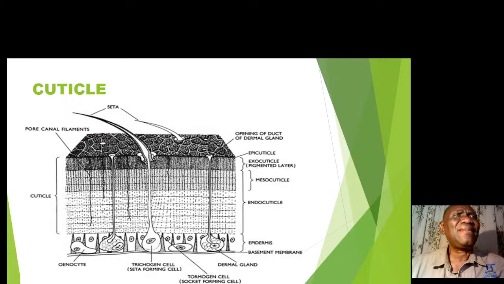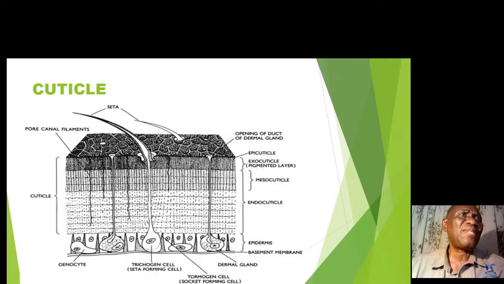But anyway, as long as you note that there is the presence of this cuticle with the various parts which can prevent the entry of the pesticide, so that it can reach these living cells and cause damage.